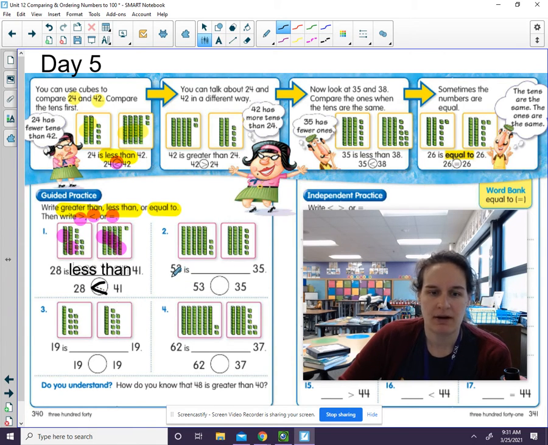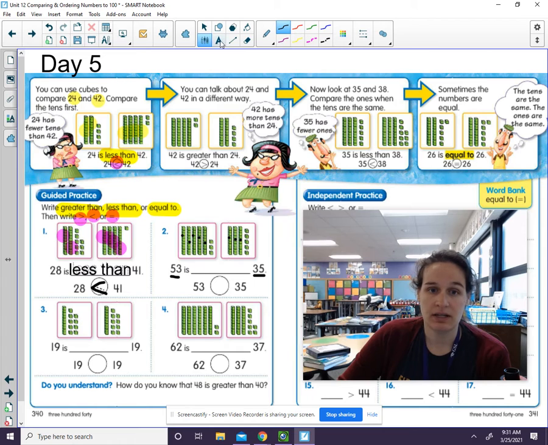They want us to compare 53 to 35. Let's see how many tens there are first. 1, 2, 3, 4, 5. Here there are 1, 2, 3 tens. Well, I can see that 5 tens is more, or greater, than 3 tens.